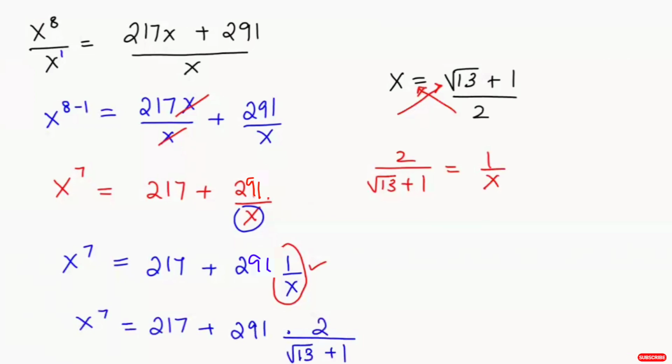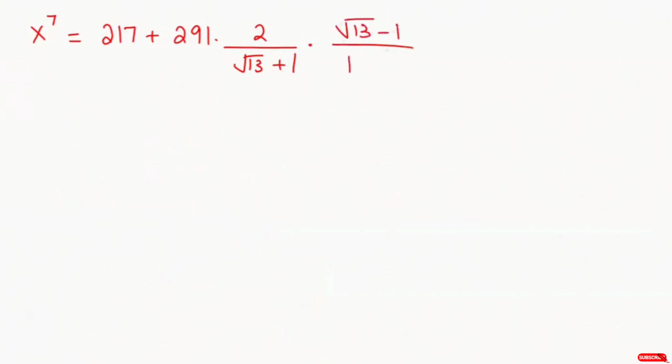In the next step, I'm going to rationalize this denominator. So I'm going to write x to the power of 7 is equals to 217 plus 291 times 2 over root of 13 plus 1. I'm going to rationalize, so I'm going to write root of 13 minus 1 over root of 13 minus 1.